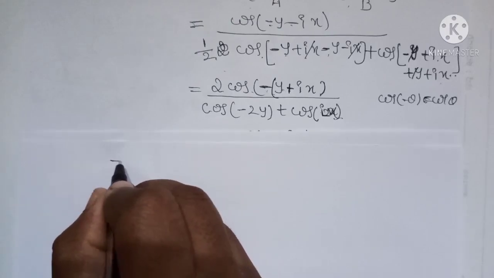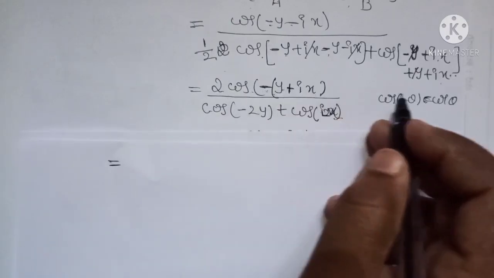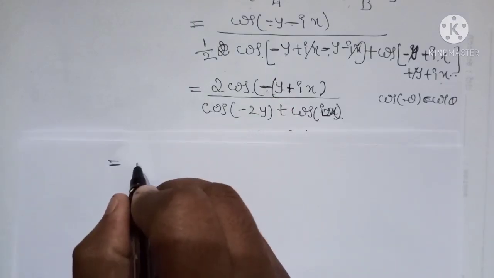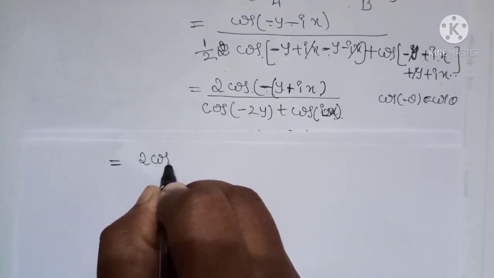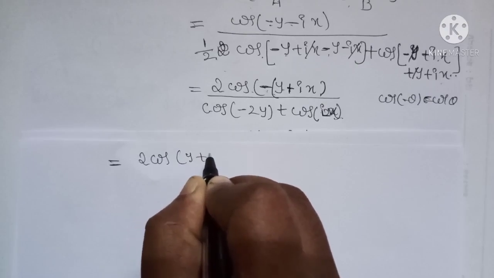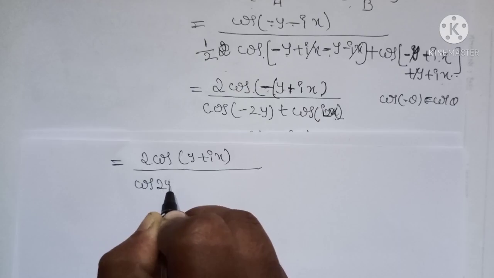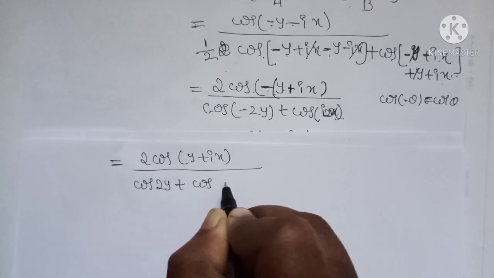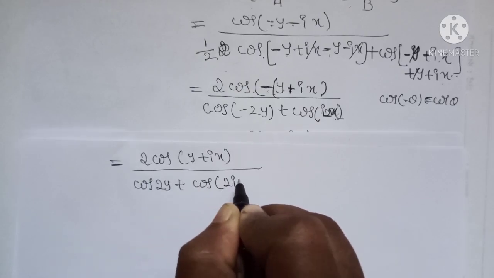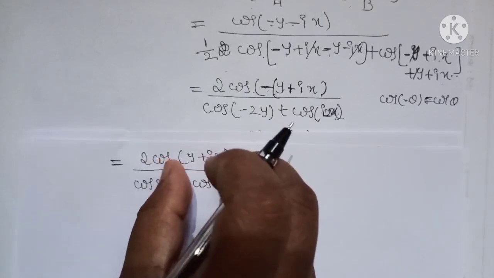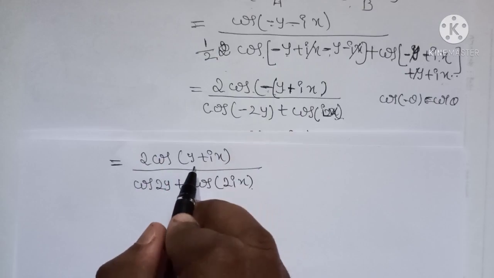Now we know that cos of minus theta is cos theta only, therefore we write 2 cos of y plus ix in the numerator, and the denominator cos 2y plus cos 2ix. Now we can separate the real and imaginary part of this numerator.